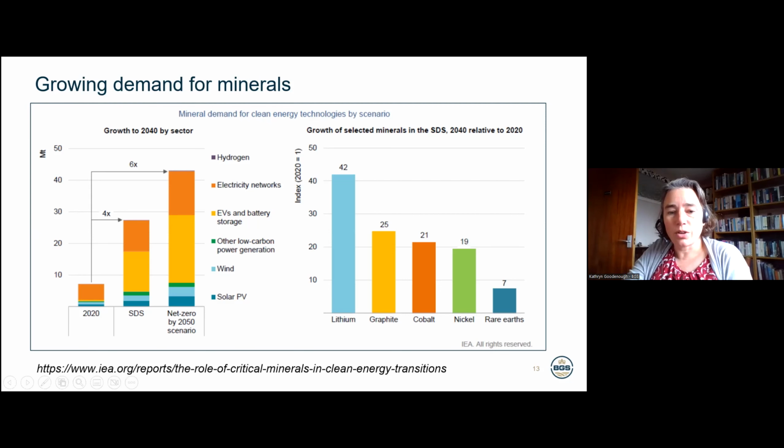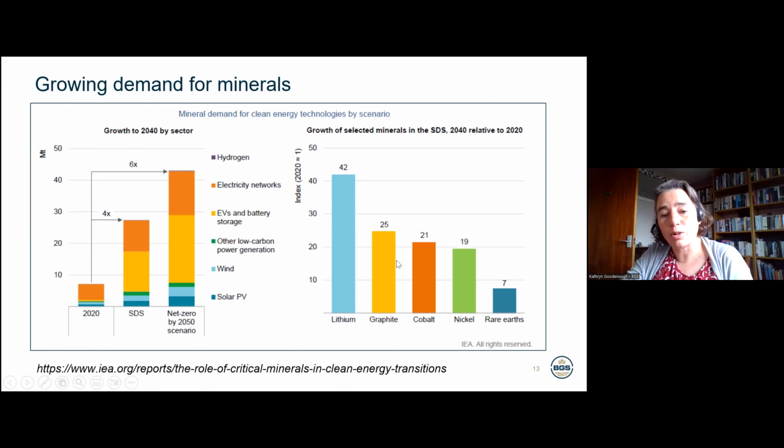And the ones that we're going to need particularly, I mean, in this analysis, they suggested that we would need 40 times as much lithium in 2040 as we did in 2020. I think most people would say that's a bit of an exaggeration. 5 to 10 times is the more common assessment. But having said that, we are seeing this incredible demand for electric vehicles, which means that we are going to need a heck of a lot more lithium.